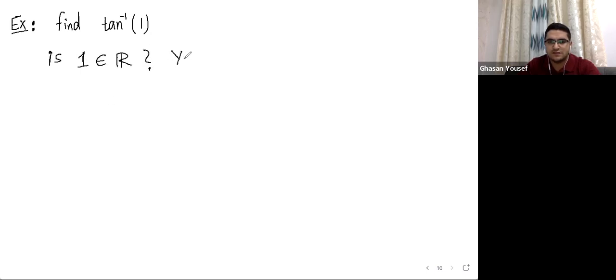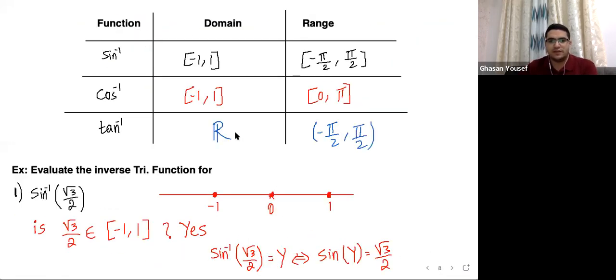The answer is yes. The 1 belongs to the real numbers. Why? Because the domain here for the tan inverse is the real numbers. Does the 1 belong to the real numbers? The answer is yes.